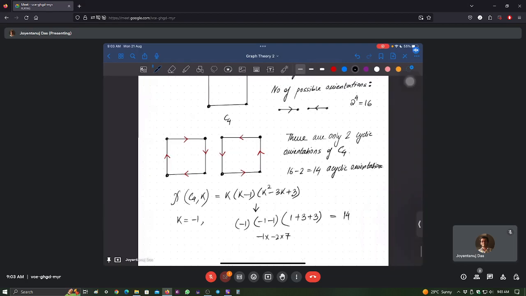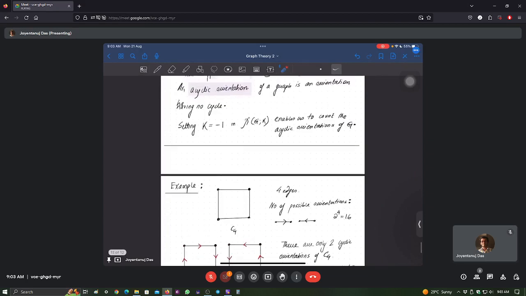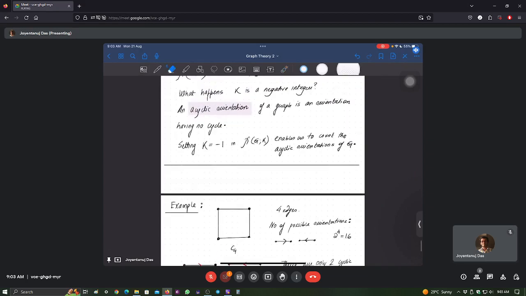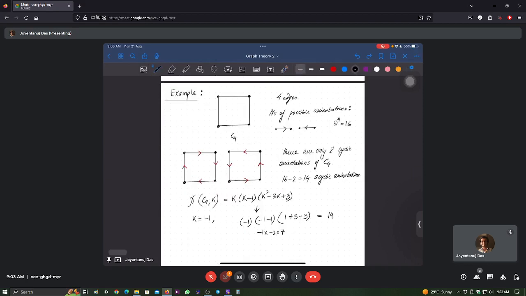So that is matching. Here we got 14 acyclic orientations, and evaluating the chromatic polynomial at minus 1 also gives 14. That is what this was saying: if I put k equals to minus 1 in the chromatic polynomial, it enables us to count the number of acyclic orientations in G. So the example is fine, right?